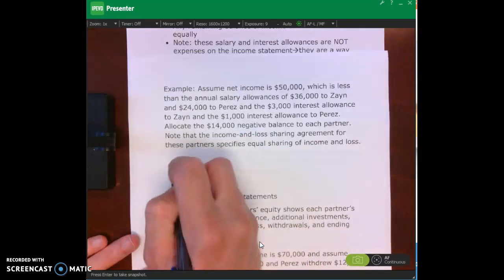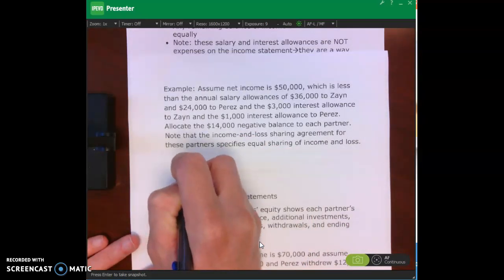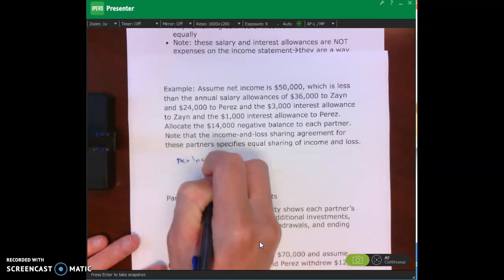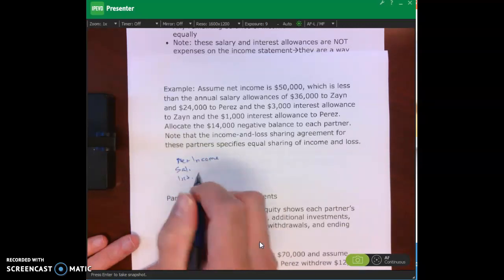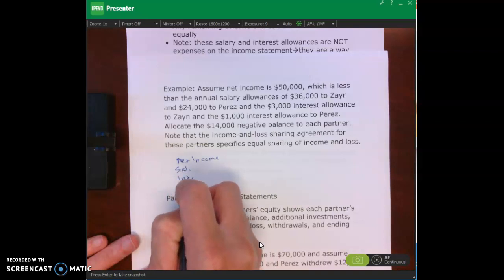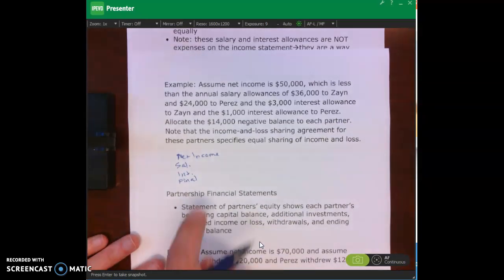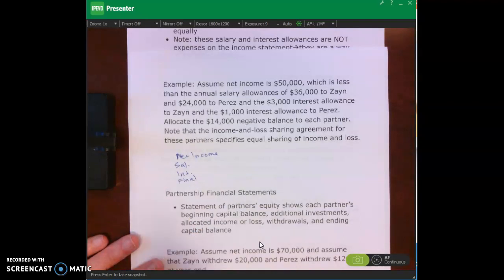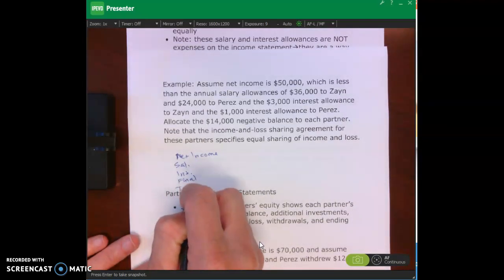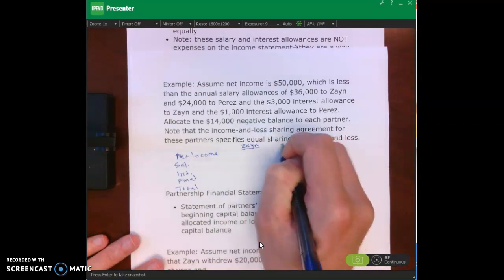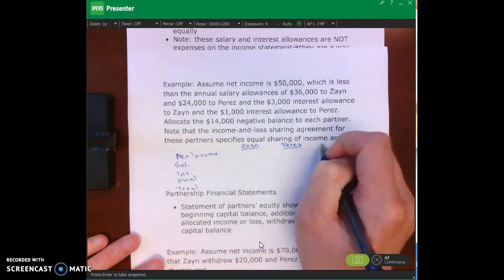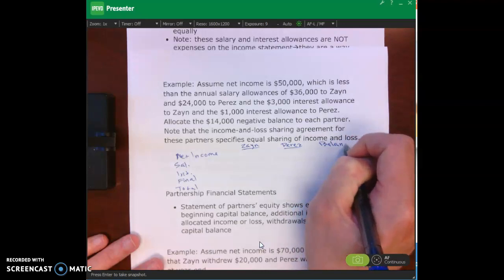We'll write net income, just like before, and then salaries allowance, interest allowance, final allocation, and then total, Kayla, Hector, and balance, just like on the prior page.